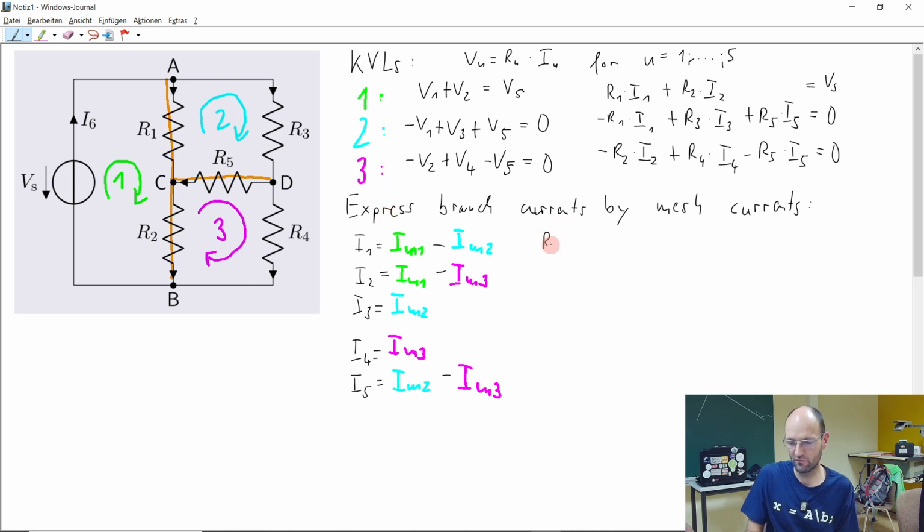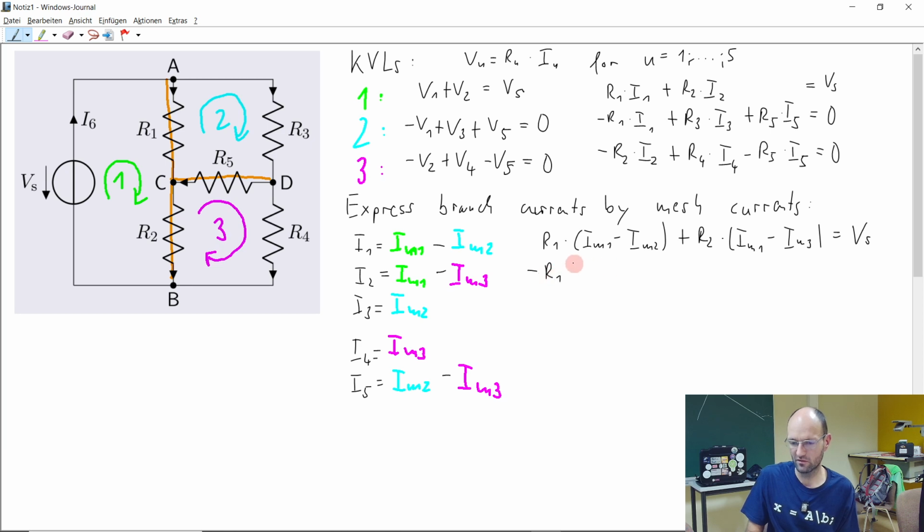So we have R1 multiplied with IM1 minus IM2. Then we have plus R2 multiplied with I2, and this is IM1 minus IM3. And this is the same as the source voltage. Okay, this was the first Kirchhoff's voltage law.